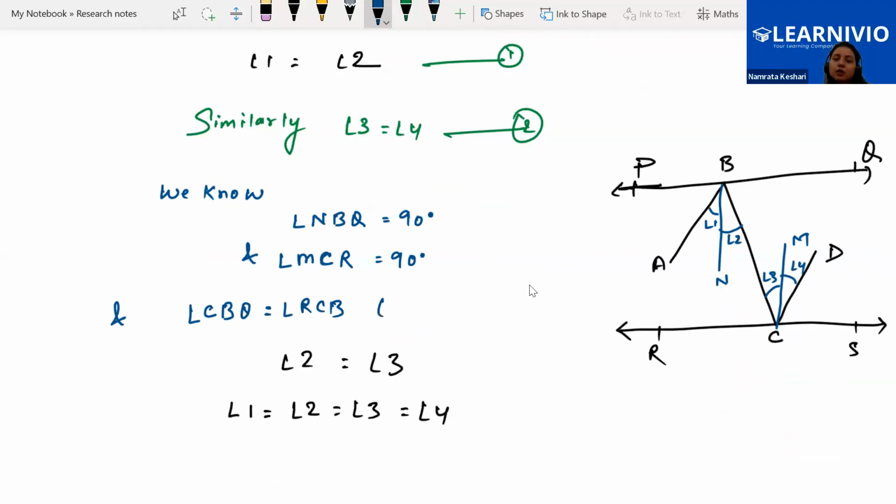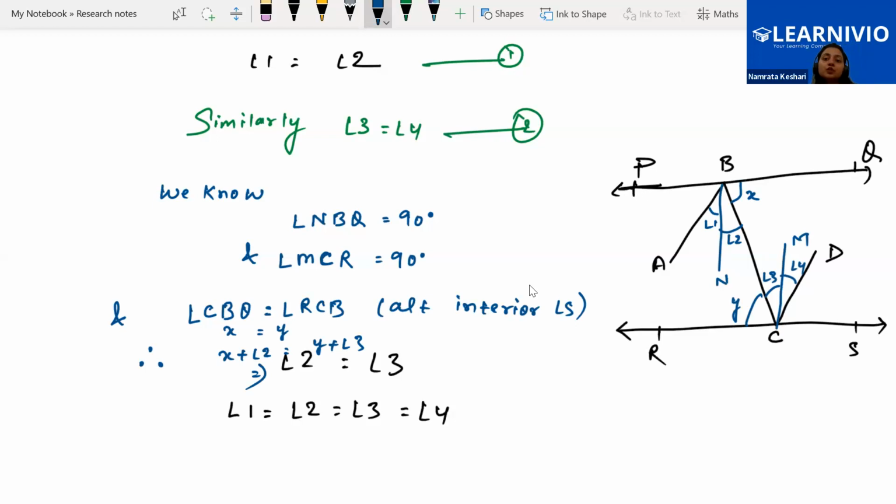These two are alternate interior angles. Therefore you can name it X, you can name it Y, and call it X is equal to Y. Therefore X plus angle 2 is equal to Y plus angle 3, which implies that angle 2 is equal to angle 3. So far, is it clear to everyone? Yes, ma'am.